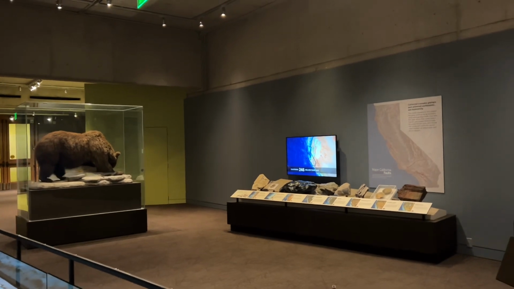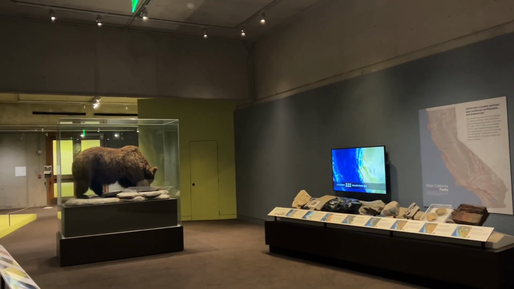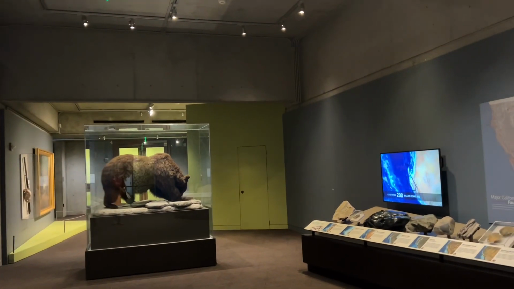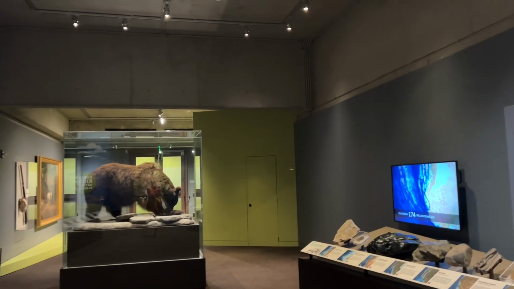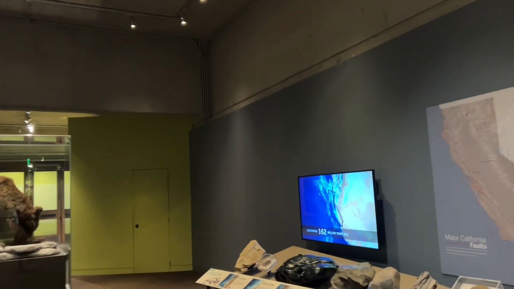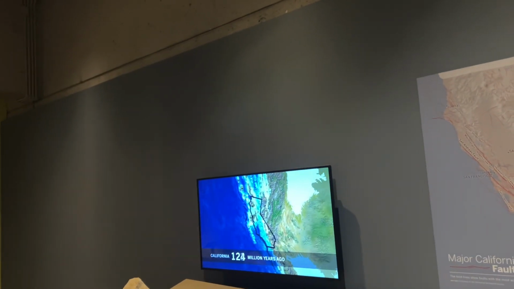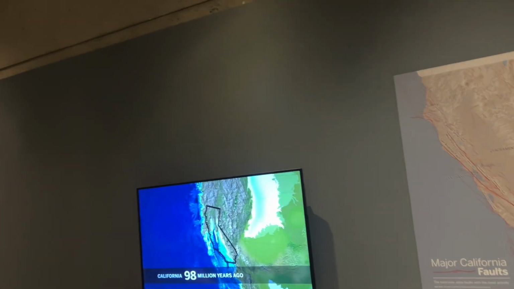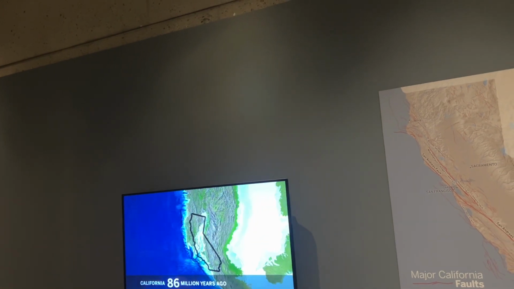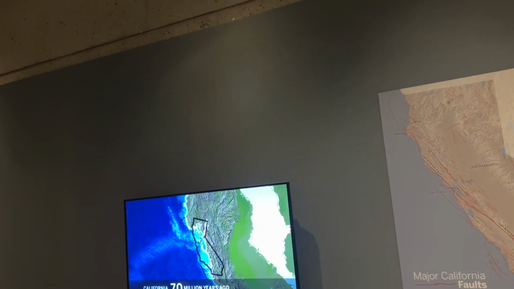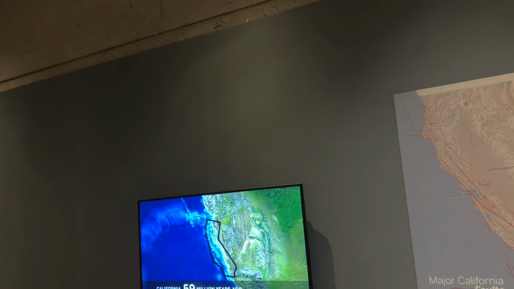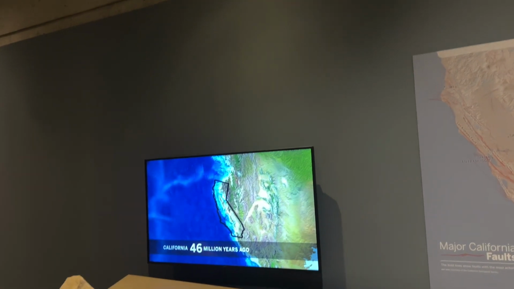Here, this exhibition hall is about the evolution and the change of climate, change of landscape of California. For example, this is 90 million years ago, 70 million years ago.